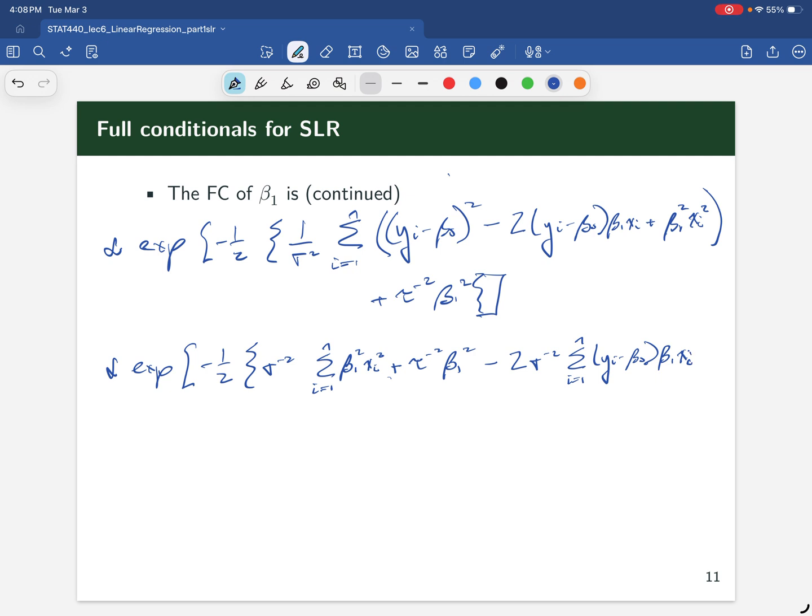Okay. And then my last term would be plus sigma to the negative 2 sum from i equals 1 to n of yi minus beta naught squared.